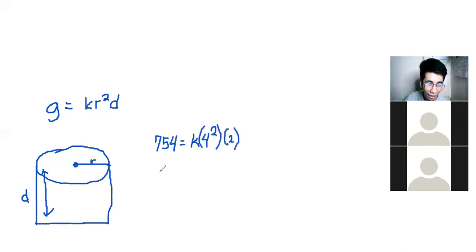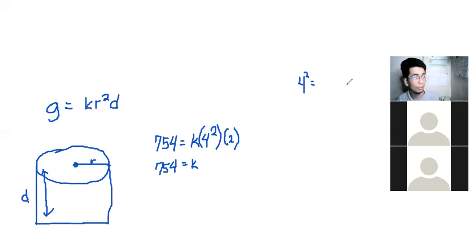Compute lang natin. 754, copy natin 754. Then, simplify natin. Okay? What is the value of the 4 square? Hindi yan 4 times 2 ha. 4 square yan. What is the value? 16.